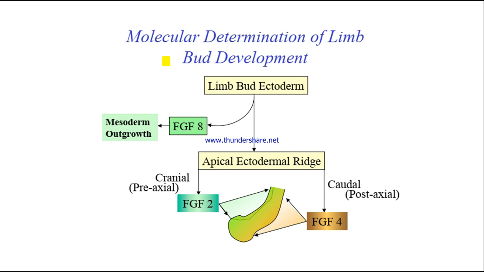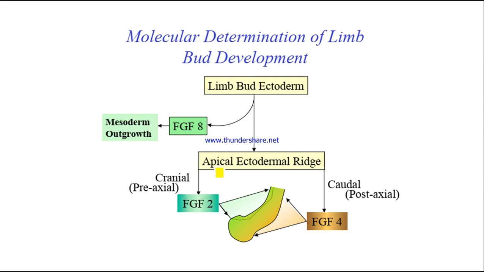So for the molecular determination of limb bud development, we should really start by looking at the limb bud ectoderm and how that relates to the mesoderm outgrowth, and how the limb bud ectoderm is involved with the apical ectodermal ridge. We have the limb bud ectoderm giving off FGF8 for the mesoderm outgrowth.